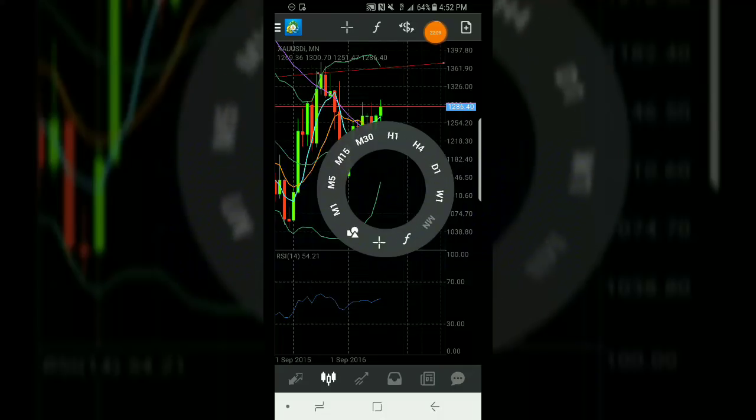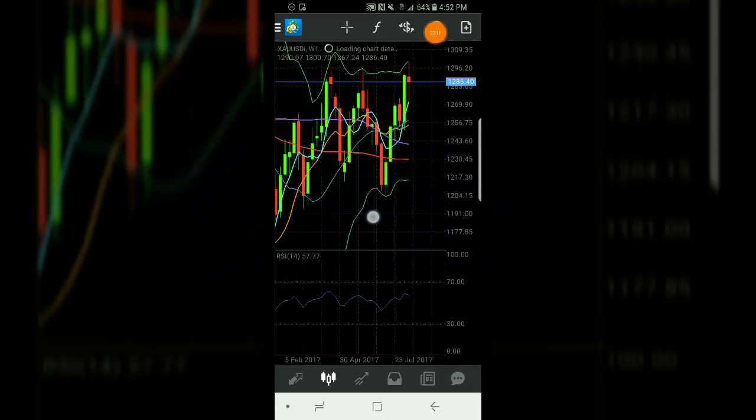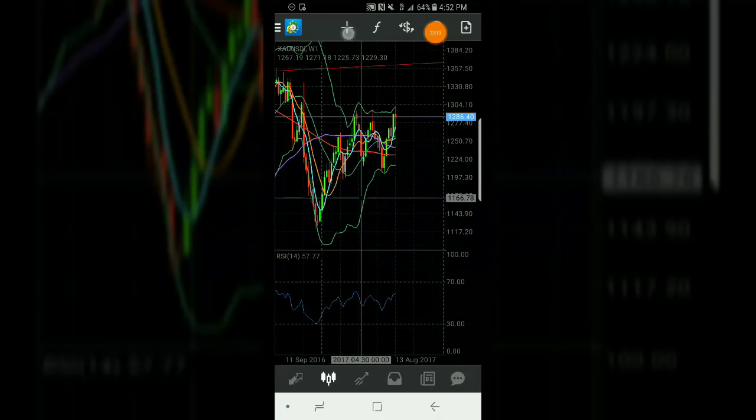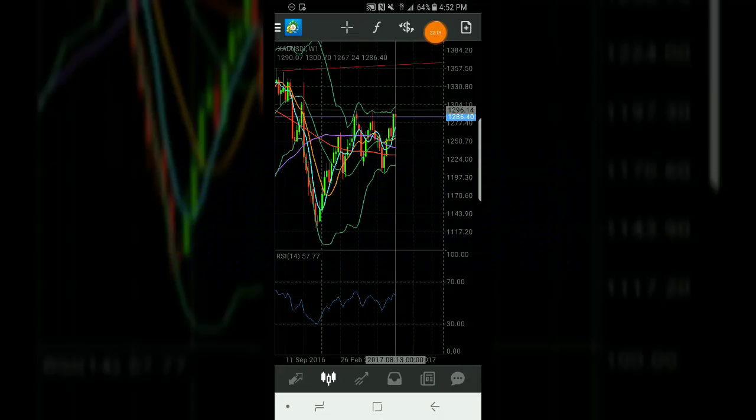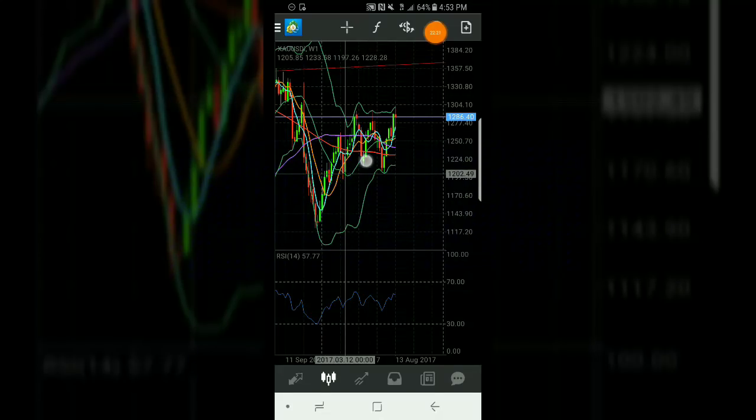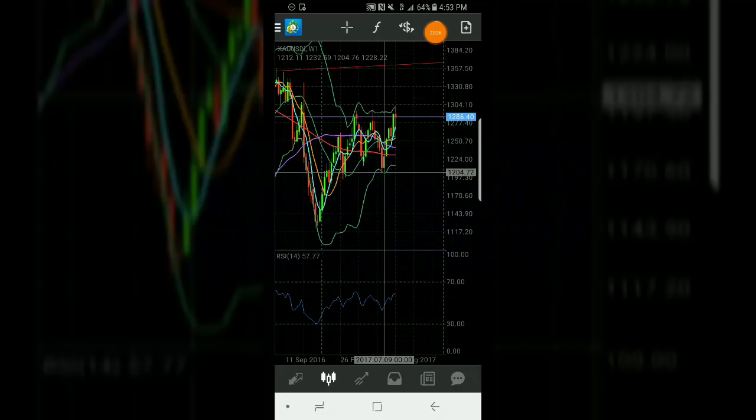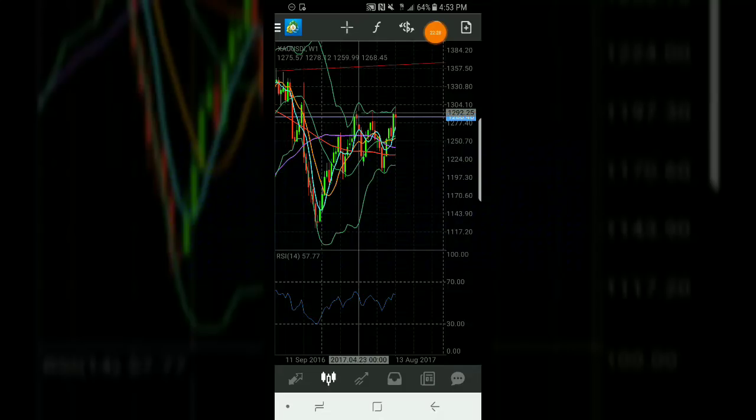Now let's go ahead and look at the weekly. And we see on the weekly it has formed a triple top right here, but it is still pushing up. Now we did have a low, a higher low, a higher low. Now we had a lower low. Now it did not break through the Bollinger Band here, here, here, or here.